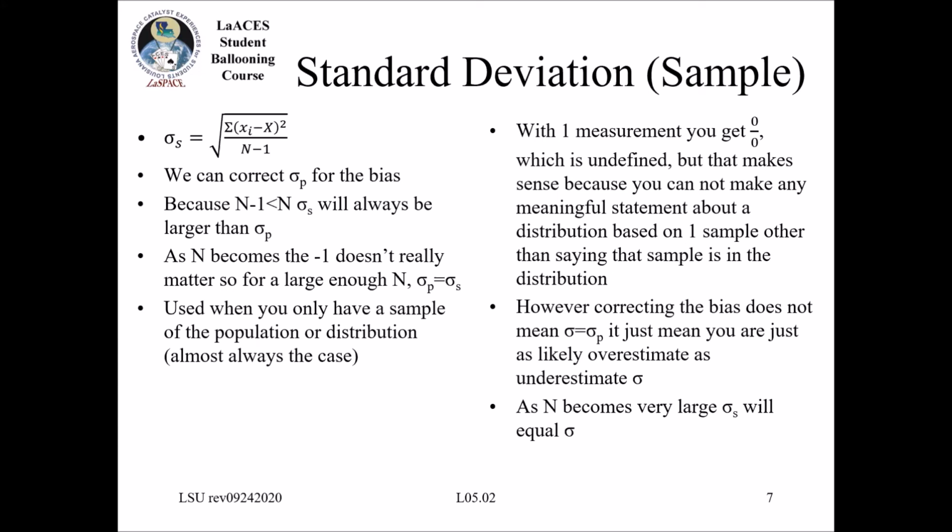It basically doesn't mean anything. But as the number of measurements becomes very large, this becomes the same thing as the population standard deviation, and both of those then become the same thing as the distribution sigma. But the key takeaway here is you want to use the sample standard deviation.